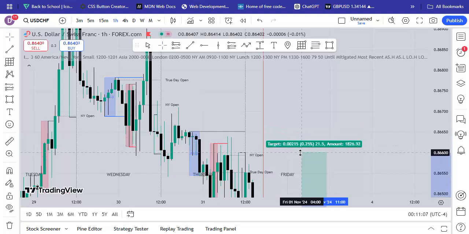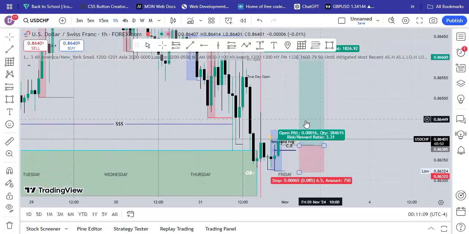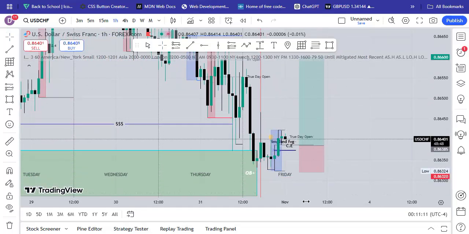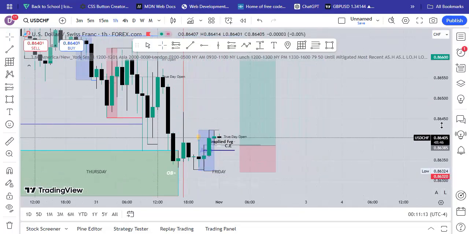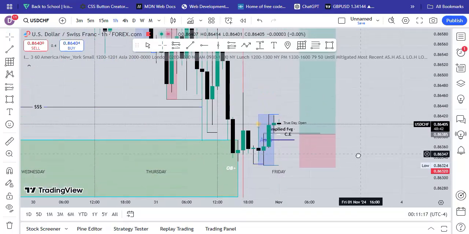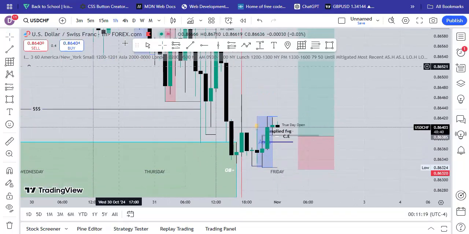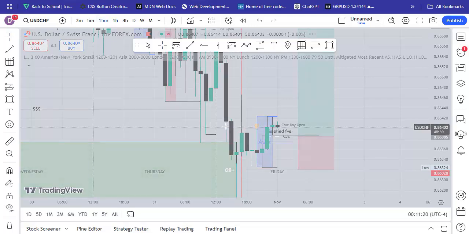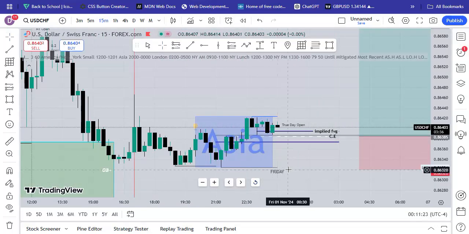So this is nice. This is not bad at all. This trade for a swing trader is not bad. And if you want to narrow it down, you can also go to the 15-minute time frame. Oh, beautiful.